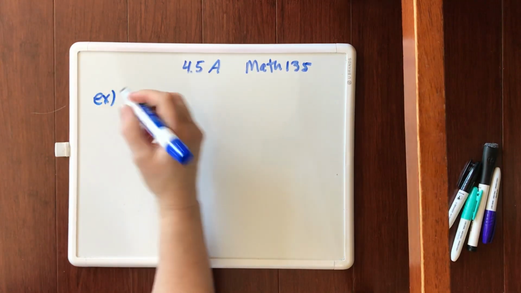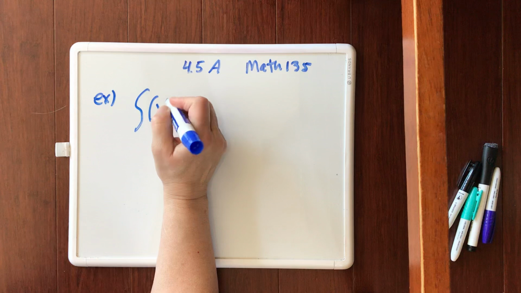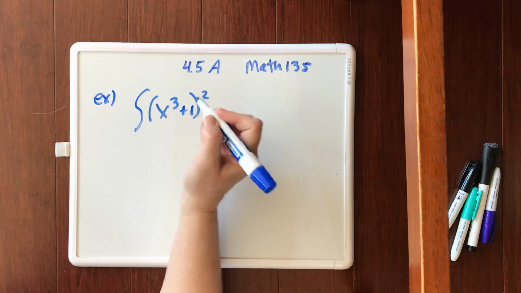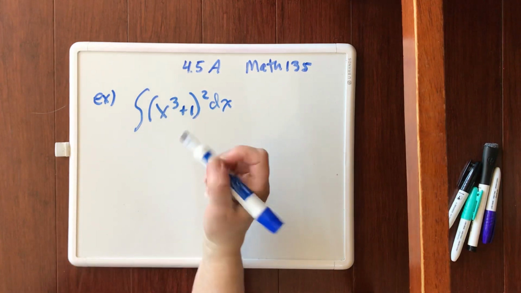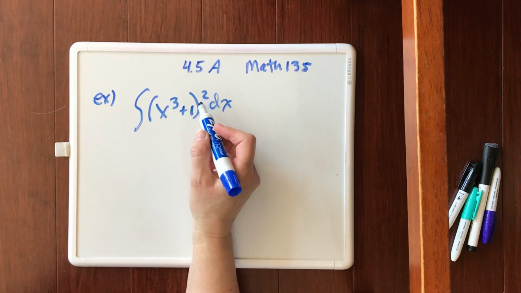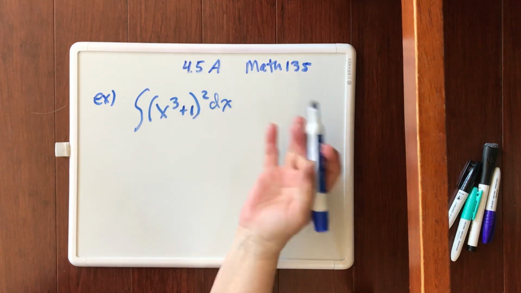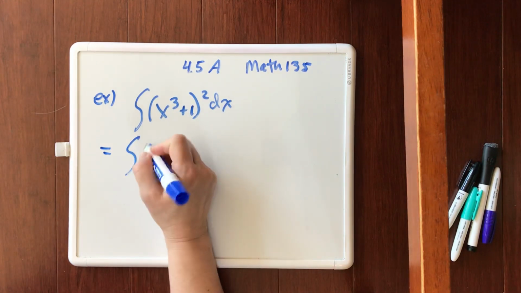Okay, we're going to do integration of (x cubed plus 1) squared dx. Well, we have a problem here because now we have this square over here and we haven't learned anything about this. So the most common sense thing to do is go ahead and FOIL it.